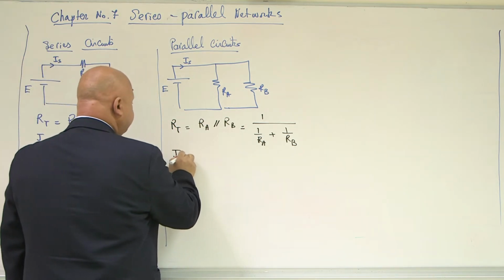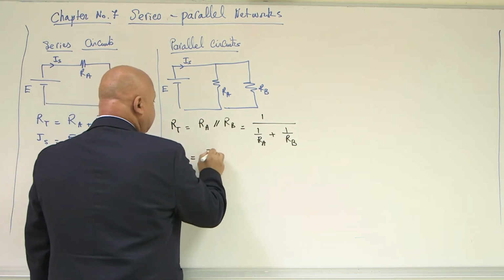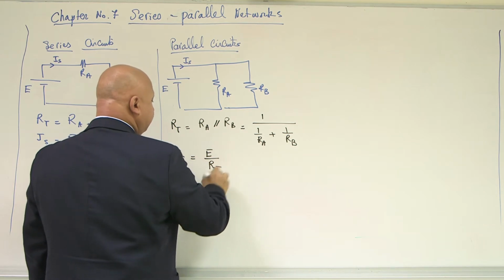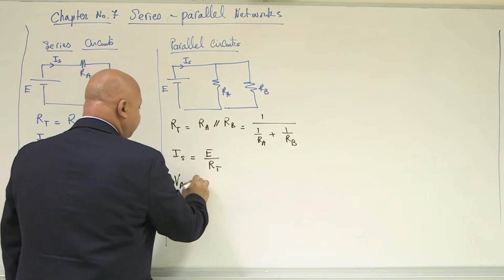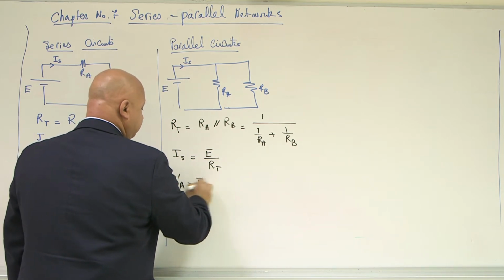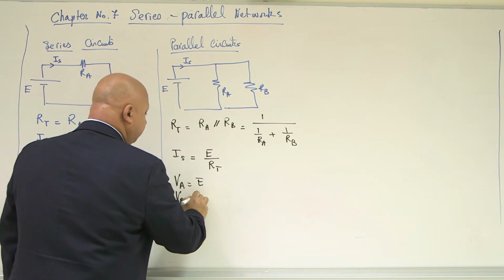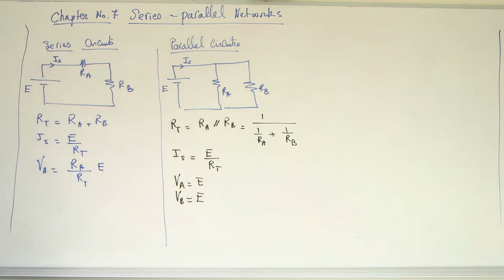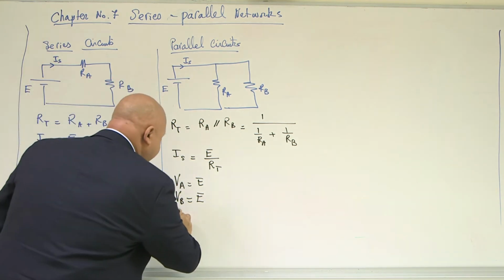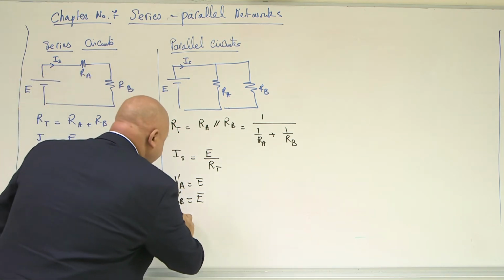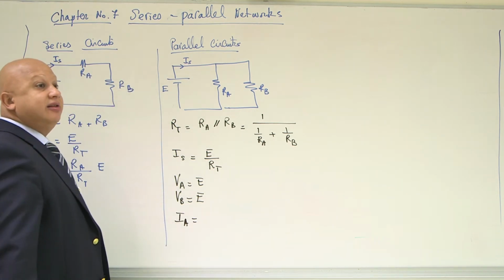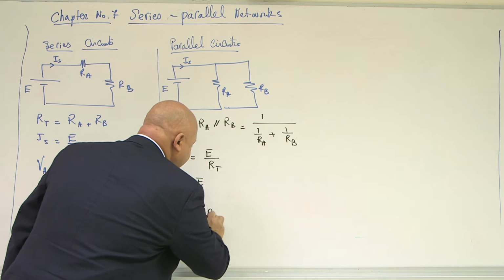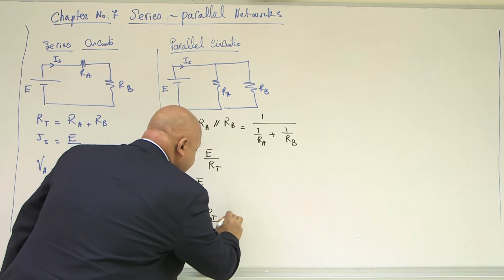And IS equals E divided by R total. VA equals E. VB equals also E, because they are in parallel with the power supply. By using the current divider rule, we can determine IA: it is R total divided by RA times IS.